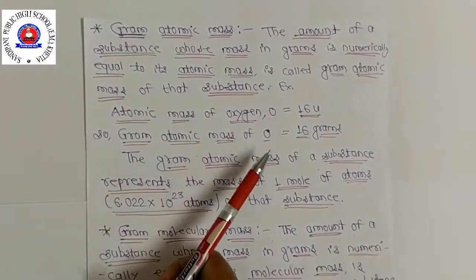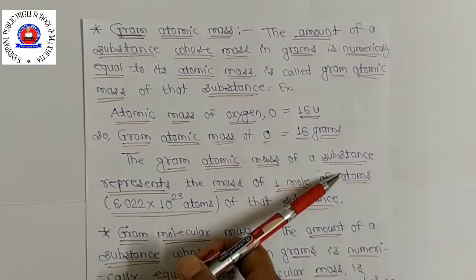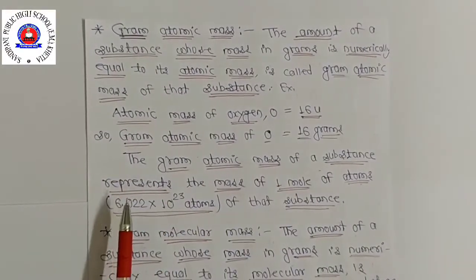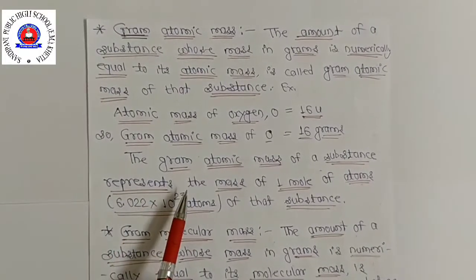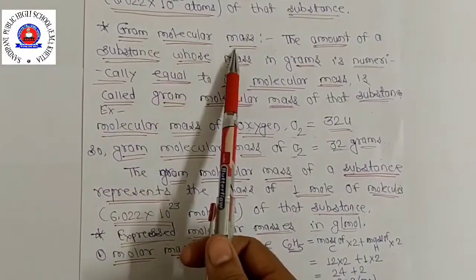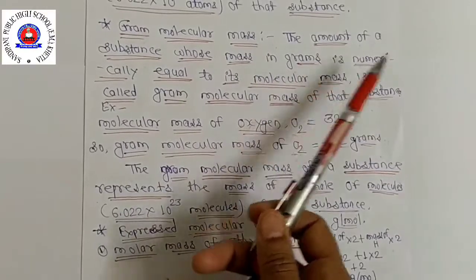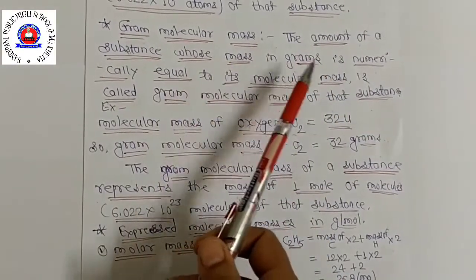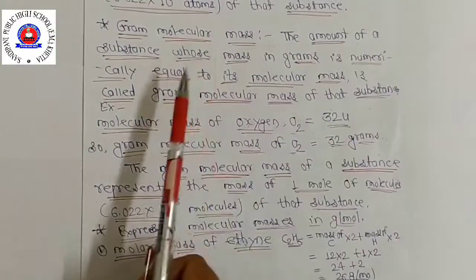So the gram atomic mass of a substance represents the mass of 1 mole of atoms, that is 6.022 multiplied by 10 raised to power 23 atoms of that substance. Now gram molecular mass: the amount of a substance whose mass in grams is numerically equal to its molecular mass is called gram molecular mass of that substance.